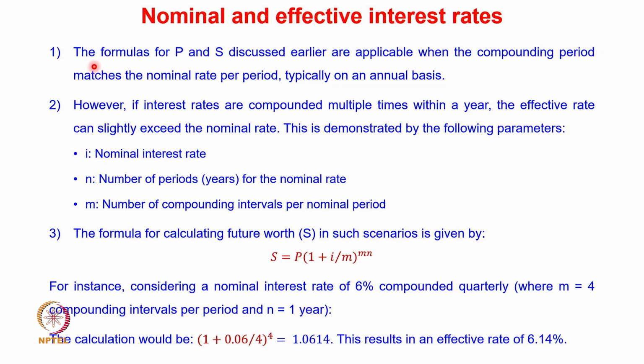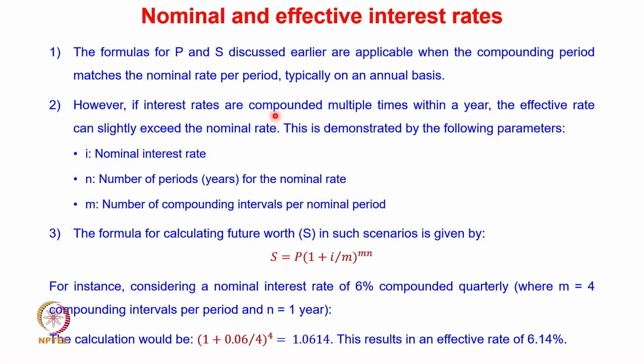So let's look at the different compounding and the effective interest rates here. The formulas for the principal and S discussed earlier are applicable when the compounding period matches the nominal rate per period, typically on an annual basis, so whenever the compound interest rate is given on an annual basis and it is accrued annually.